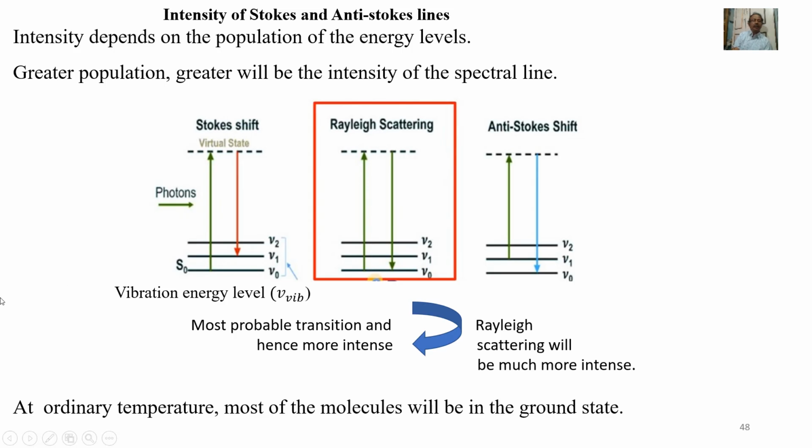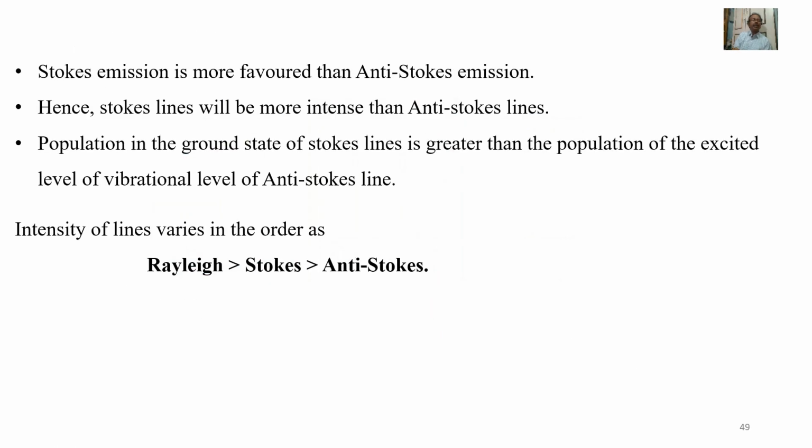And of course, Stokes line will be less intense than Rayleigh scattering, and anti-Stokes will be very much less intense than the Stokes line. So Stokes emission is more favored than anti-Stokes emission. Hence, Stokes lines will be more intense than anti-Stokes lines. The population in the ground state for Stokes lines is greater than the population of the excited vibration level for anti-Stokes lines.